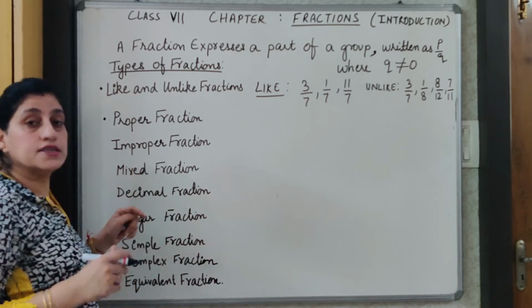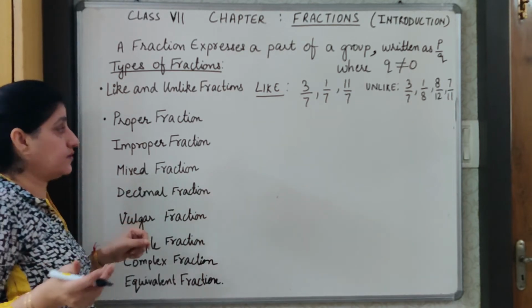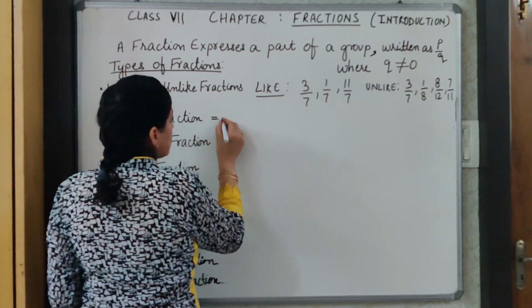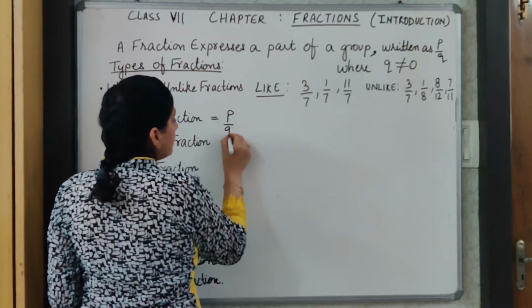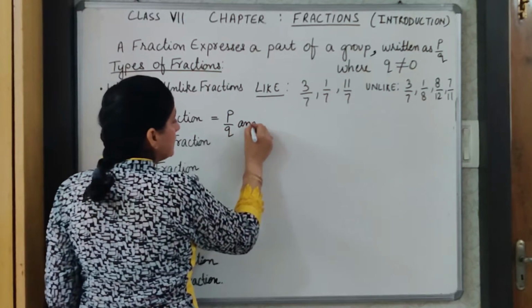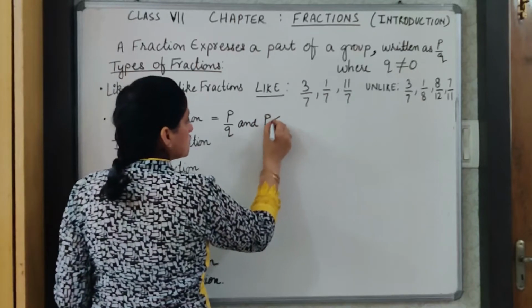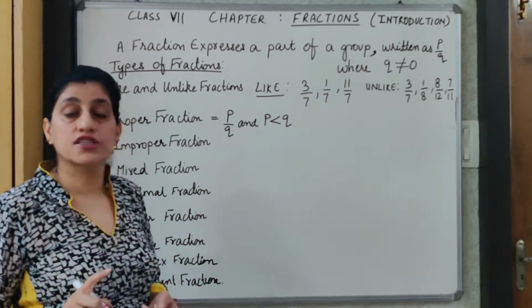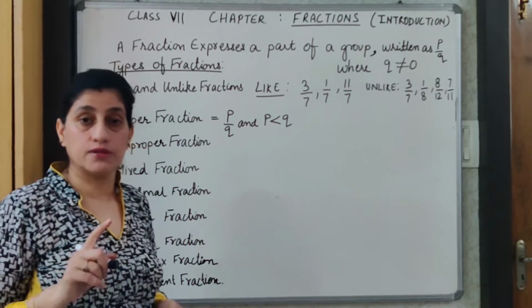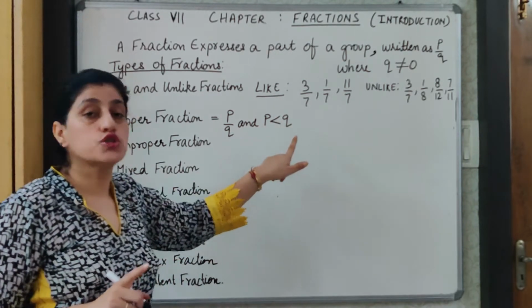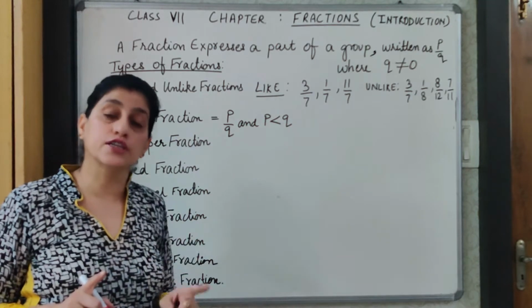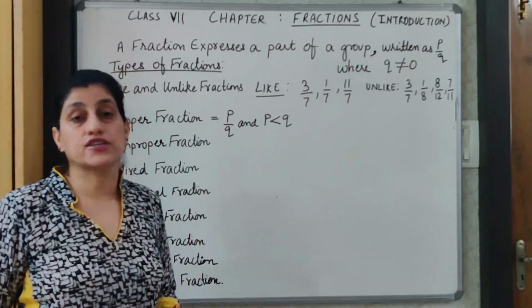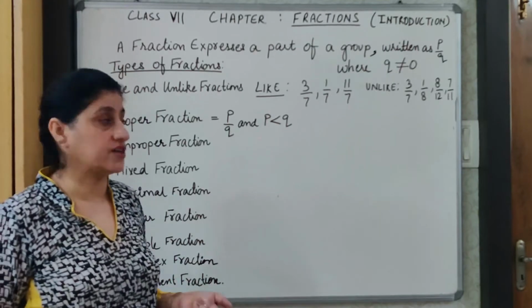Now, what is a proper fraction? Whenever a fraction is expressed in the form of p upon q and p is smaller than q, then the fraction is said to be a proper fraction. Means the numerator should be smaller than the denominator. Such a fraction is called a proper fraction.